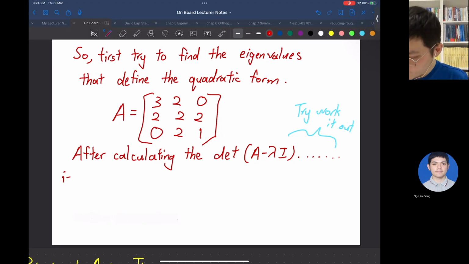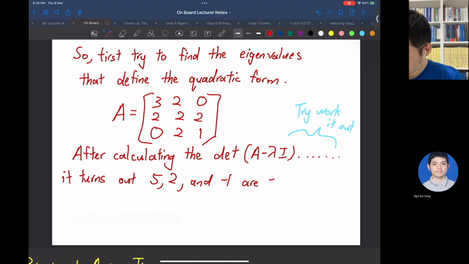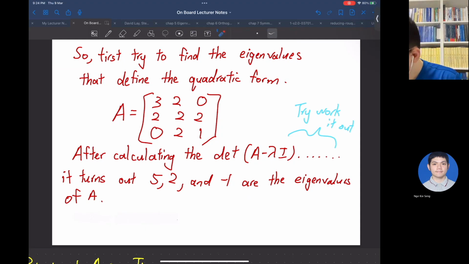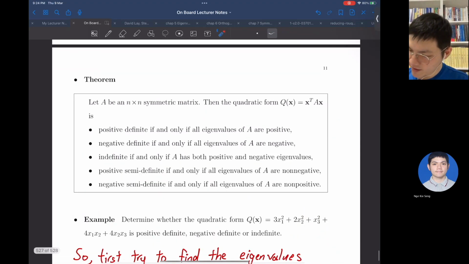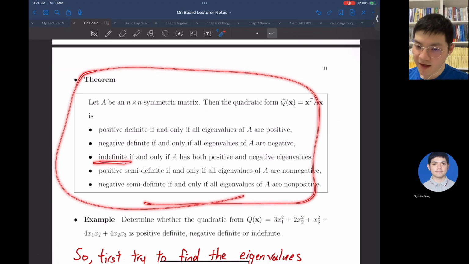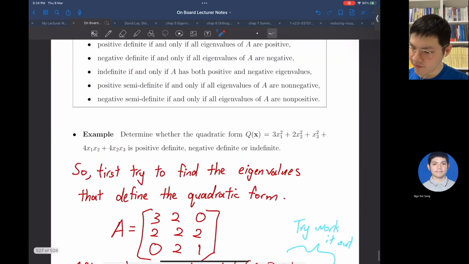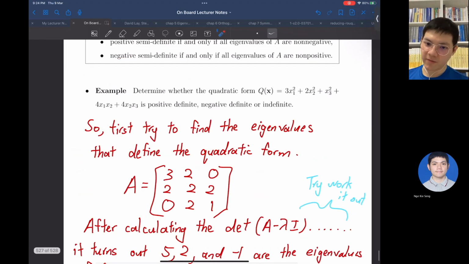It turns out 5, 2, and minus 1 are the eigenvalues of A. Okay, so you can see that some of the eigenvalues are positive, some are negative. Then by this theorem here, we can say that it is an indefinite quadratic form.